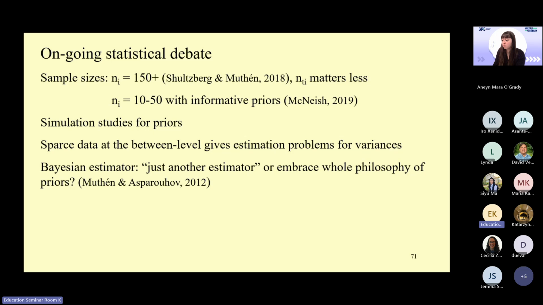And then the certainty of your guess is also indicated in the model. So the more certain you are that this is going to be a 0.25 because previous research says so, then you include this as a prior in your model, and the certainty is captured in a variance parameter, the variance of that parameter, and this will help stabilize modeling.